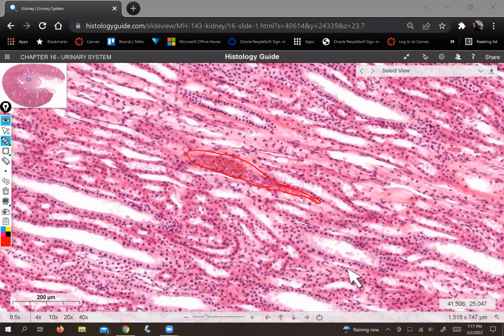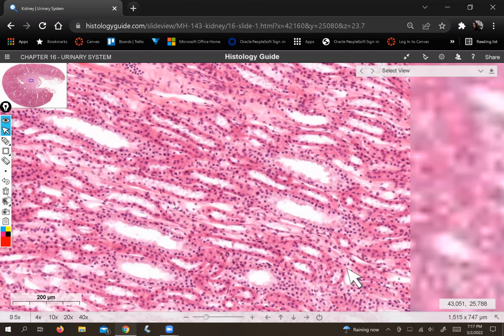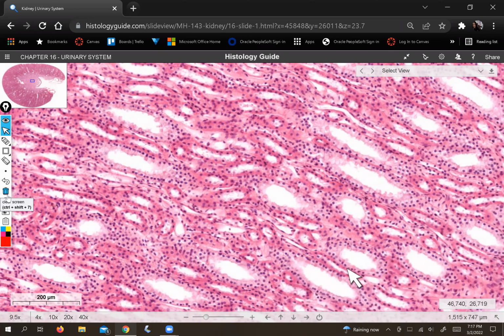So that's going to be the place at which the thin descending limb, which is probably this one maybe, is turning around to become the thick ascending limb, but you can't necessarily see exactly which tubes those are associated with. And then before we stop this particular recording, let's cruise on down to the very edge. So what you'll start to see is the epithelium lining the collecting ducts is becoming more and more columnar.